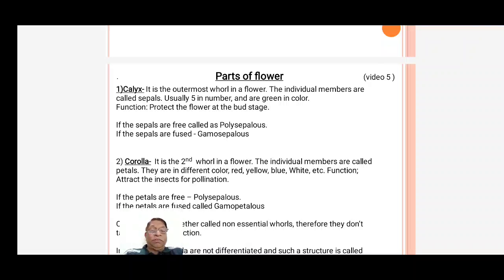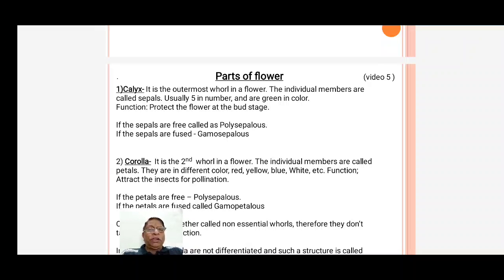Petals, not sepals. Petals are usually variously colored. For example, the petals may be red or they may be yellow, blue, white, orange, etc.